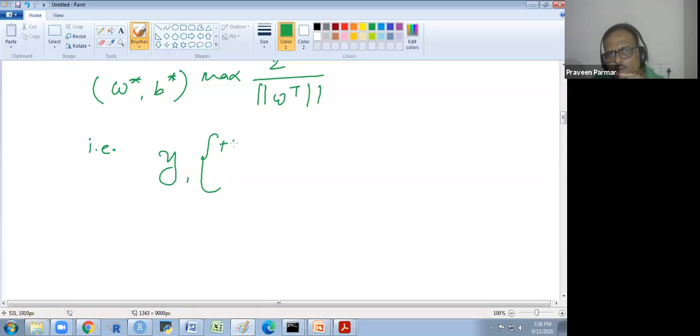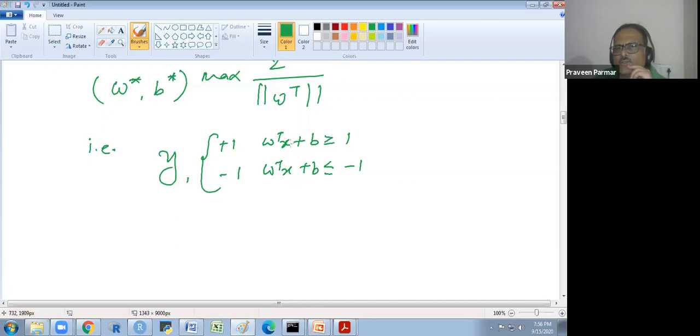If it is +1, then WTx plus b is greater than or equal to 1. If it is -1, then WTx plus b is smaller than or equal to -1. Whenever this value is greater than or equal to 1, you have to convert this into +1.